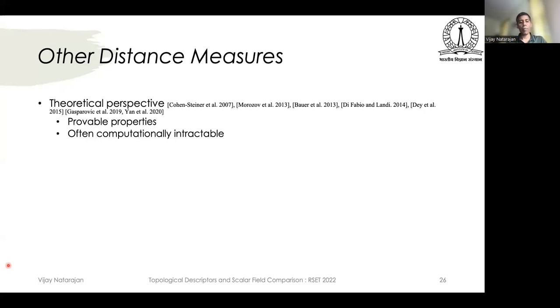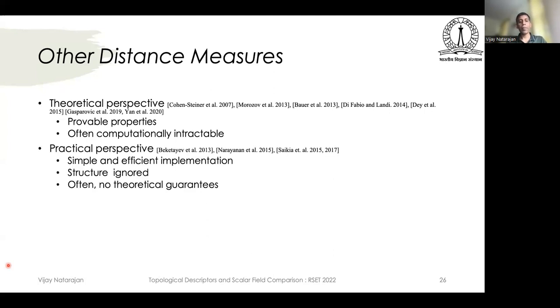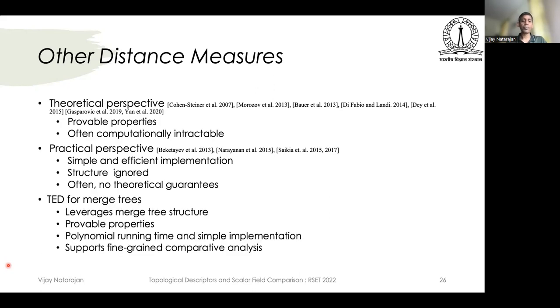They all are metrics. They all satisfy interesting properties called stability and so on. But often these measures are not tractable computationally. They take exponential time. Similarly, there are several measures introduced from a practical perspective. These are simple to define, efficient to implement, but often the structure of the tree is ignored in coming up with this measure, and hence they do not satisfy guarantees.